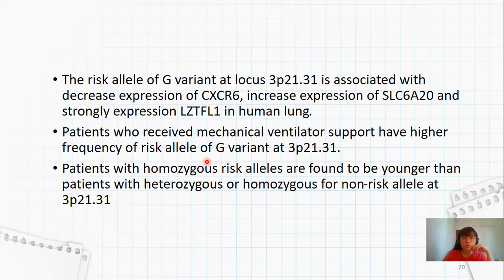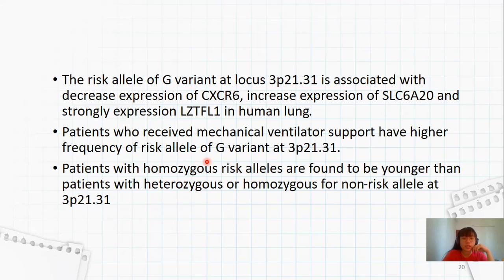The risk allele of this locus is associated with decreased expression of CXCR6, increased expression of SLC6A20, and strongly expressed LZTFL1 in human lung, which possibly increases the susceptibility to viral entry and infection, thus showing that these genes are relevant to COVID-19 susceptibility.